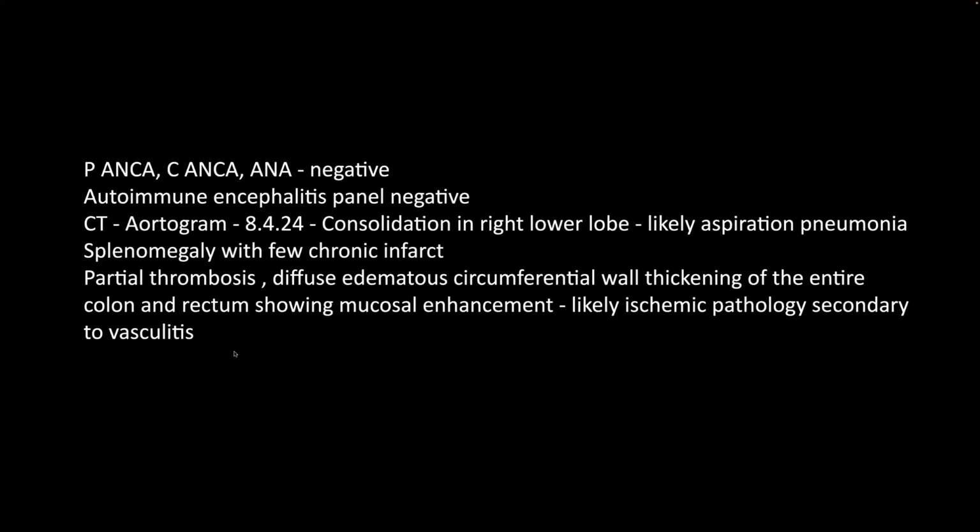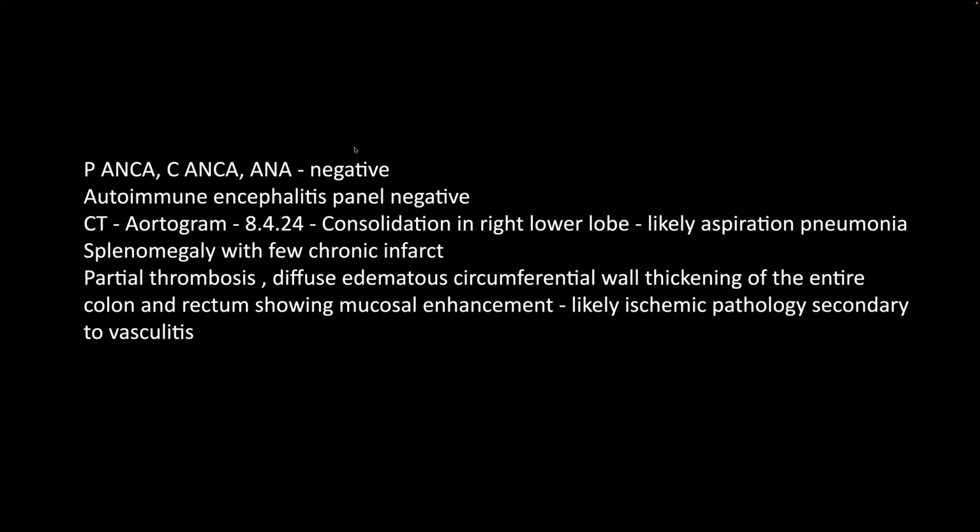So Anand, you can directly highlight for us the main findings. Yeah. So the initial suspicion, based on the mild behavioral changes and focal seizures, was autoimmune by the team. The autoimmune panel done there was negative. They had done the vasculitis workup as well in view of the PRES-like changes. The P-ANCA, C-ANCA, ANA were negative.